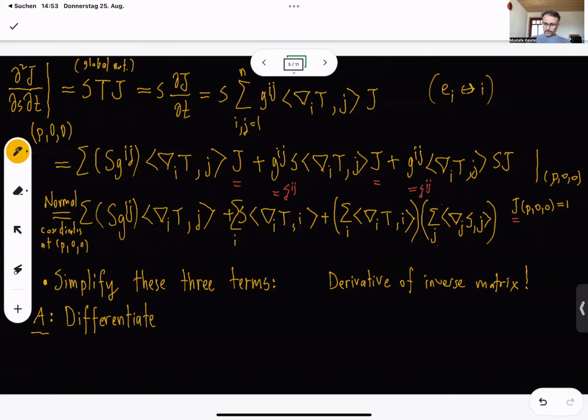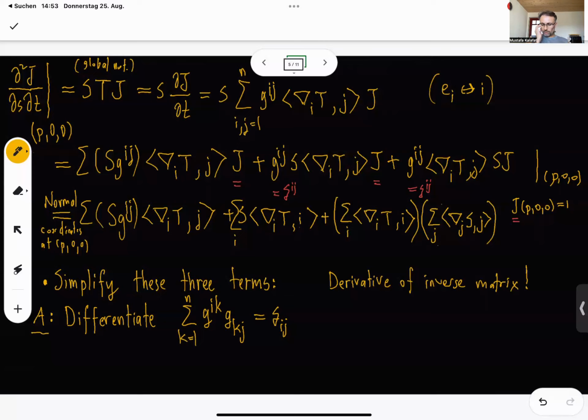So how to do that? You should first use the definition of the inverse matrix. Remember, it has the property that g^{ik} inverse times the matrix should be equal to the Kronecker delta, so the identity matrix.